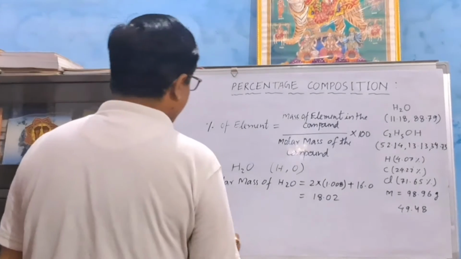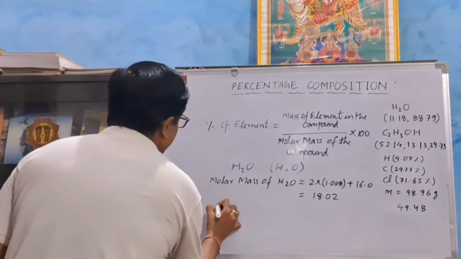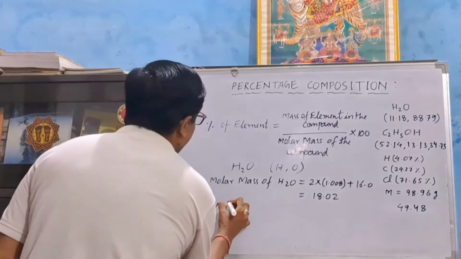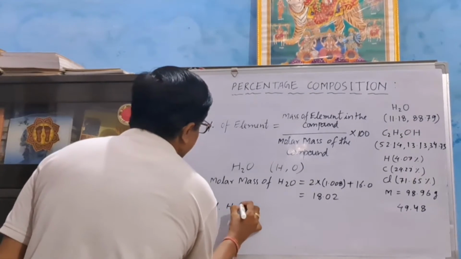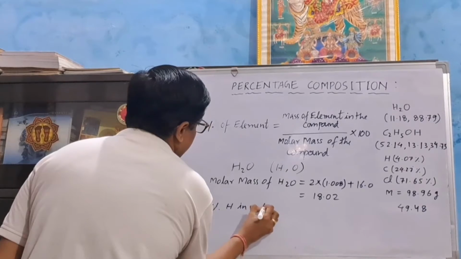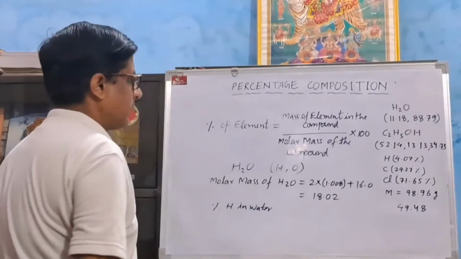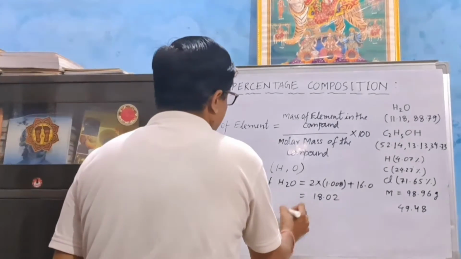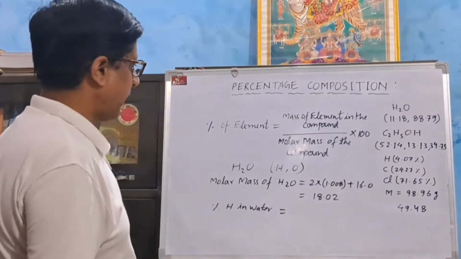Now the percentage composition of hydrogen in water. Percentage composition of hydrogen in water is equal to mass of hydrogen.